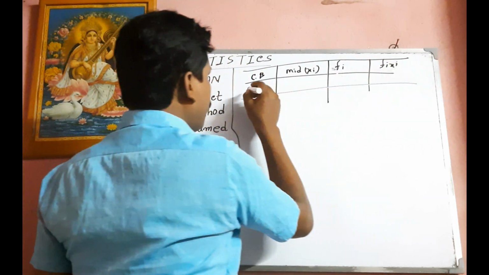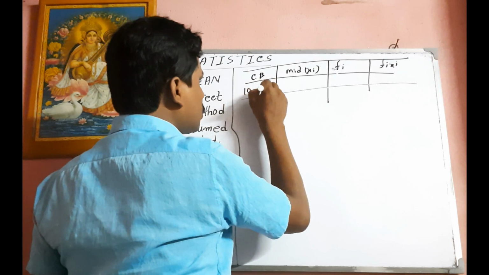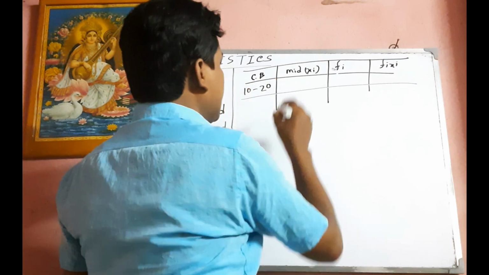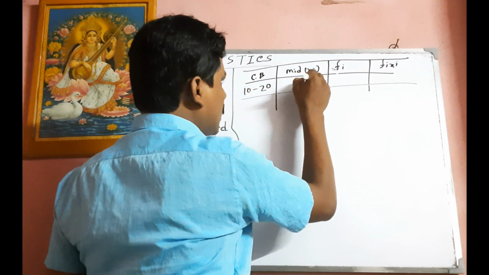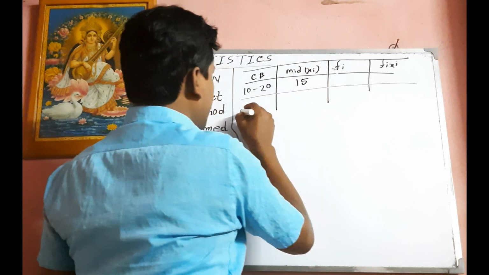Suppose the first class is 10 to 20, and the mid is 15.